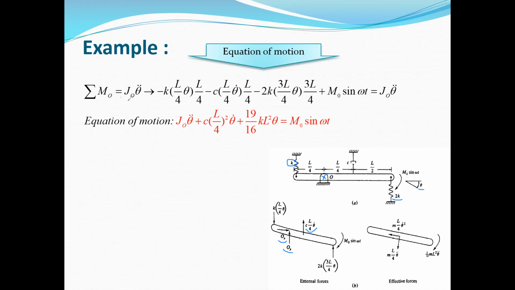Also, from dynamics, when you are writing the moment equation about a fixed point, in the right hand side you can write the mass moment of inertia about that fixed point times the angular acceleration, or you can write the mass moment of inertia about the mass center times the angular acceleration plus m times the acceleration times d, where d is the distance between the fixed point and the mass center.